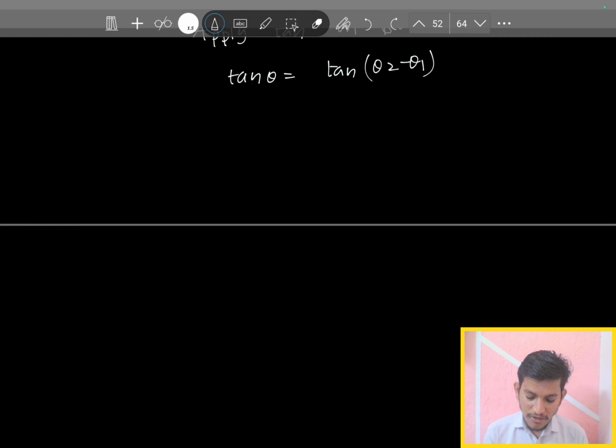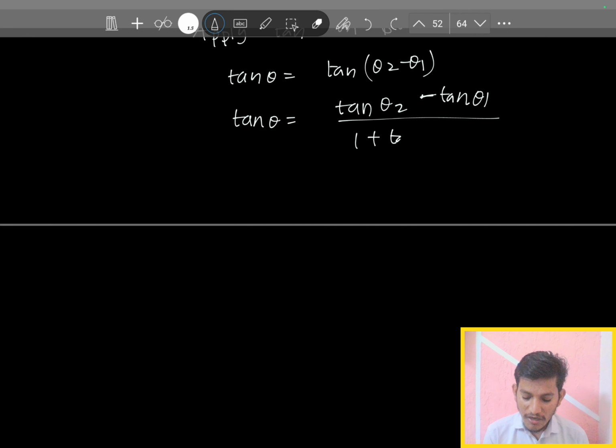So by using the trigonometric formula tan of a minus b, that is tan a minus tan b divided by 1 plus tan a into tan b, by using the same formula, tan of theta 2 minus theta 1 is nothing but tan theta 2 minus tan theta 1 whole divided by 1 plus tan theta 2 into tan theta 1.